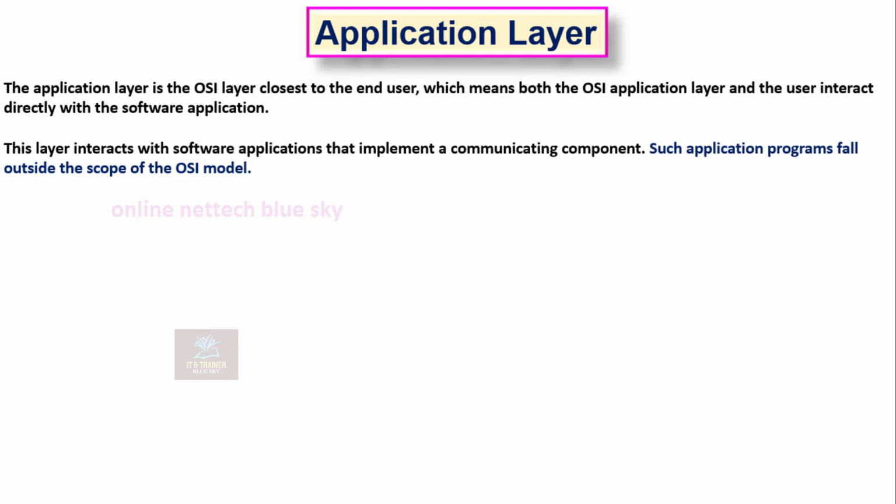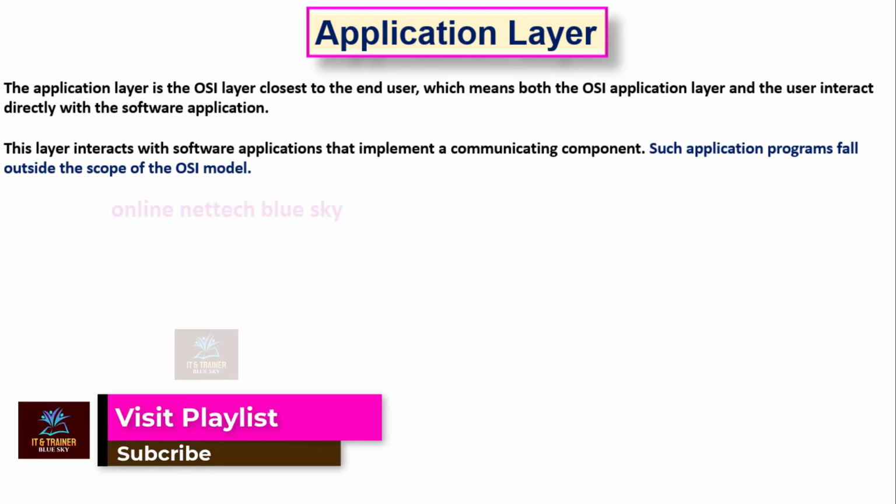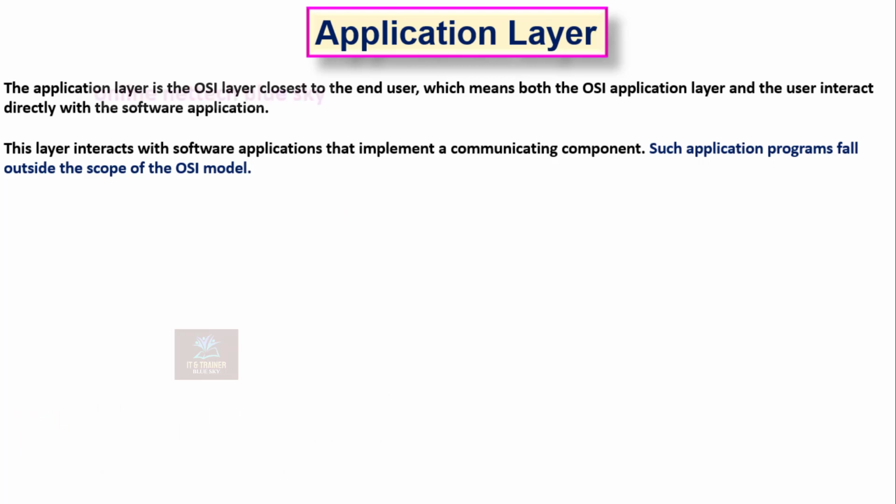How do you create them? Because you are using some software. If you want to create a PDF file, you use Adobe Reader. If you want to open a file in Excel, you first open Microsoft Office.